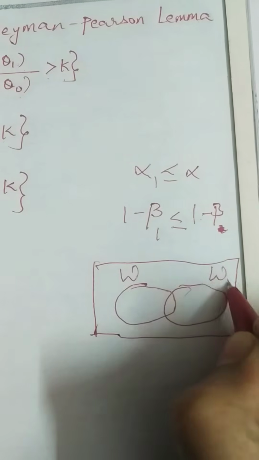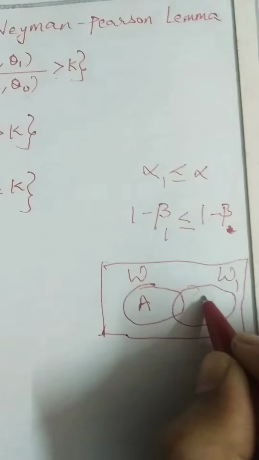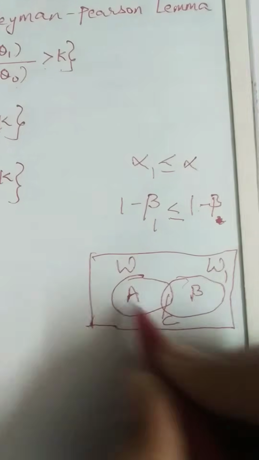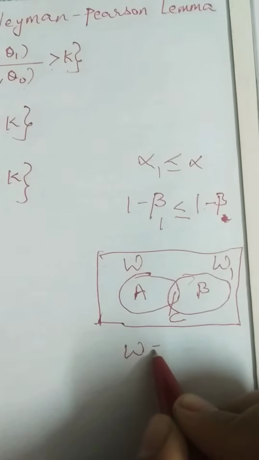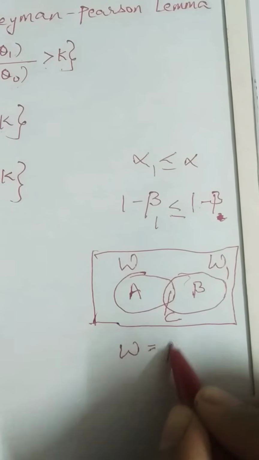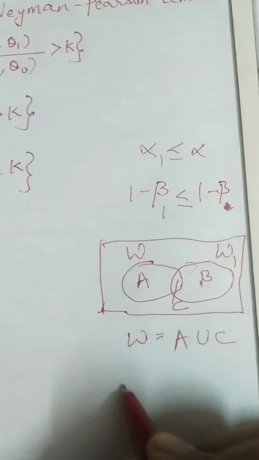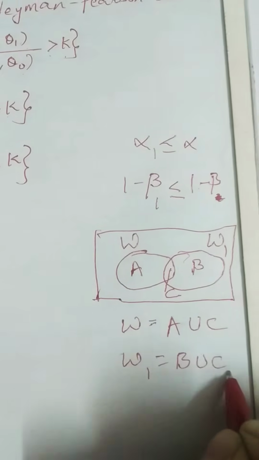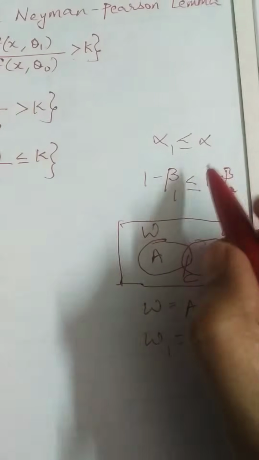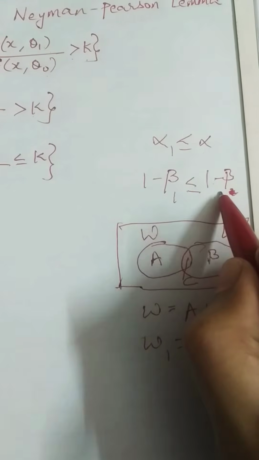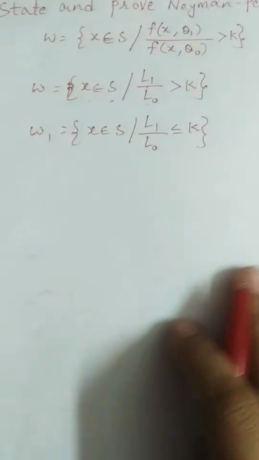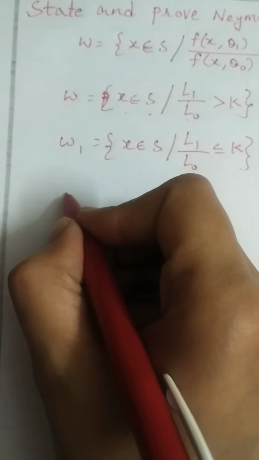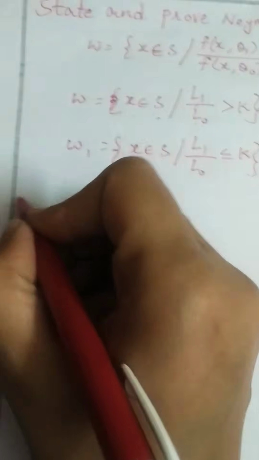This part will be denoted as A and this is denoted as B, and this common part is nothing but C. So that means omega is equal to A union C and omega 1 is equal to B union C. Now students, we will denote alpha 1 and beta 1. So here we have omega and omega 1, and we are going to do the proof here.